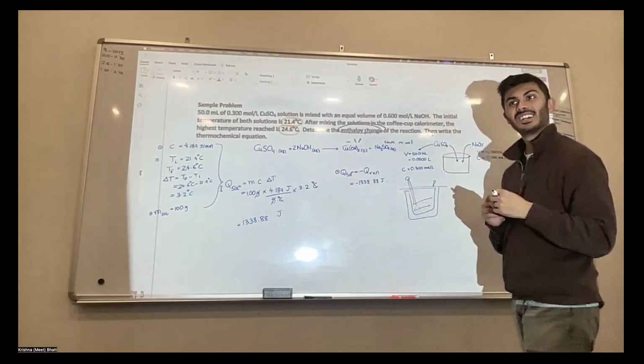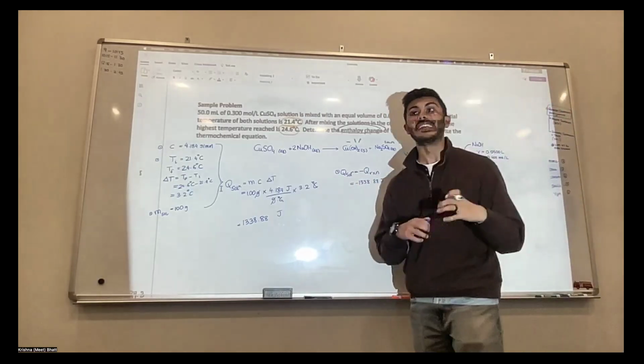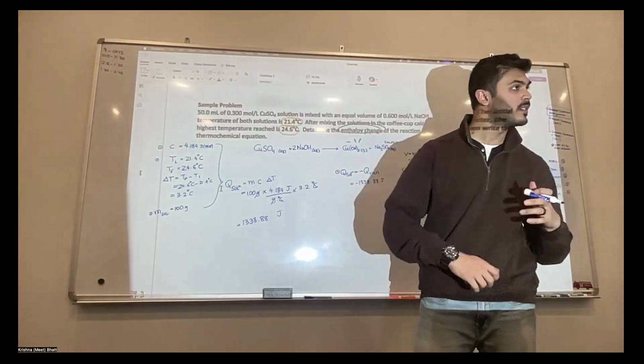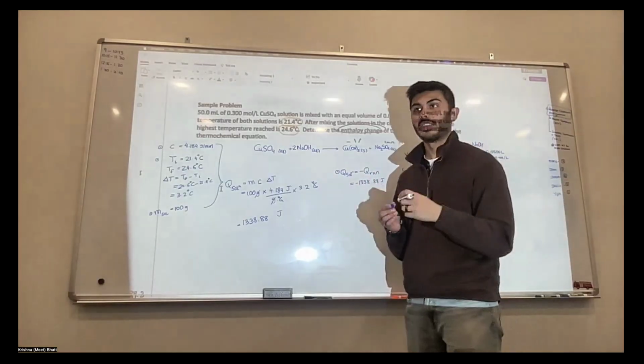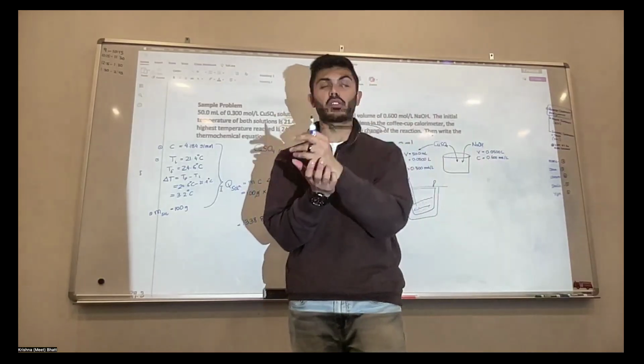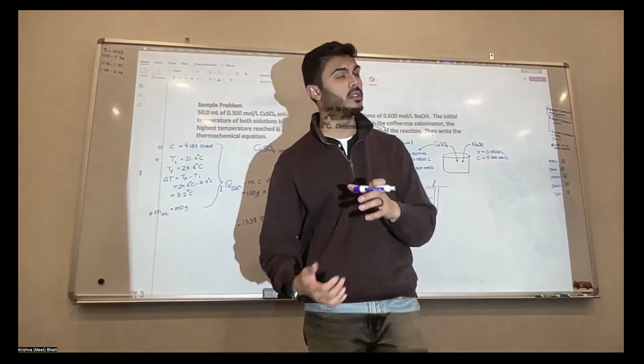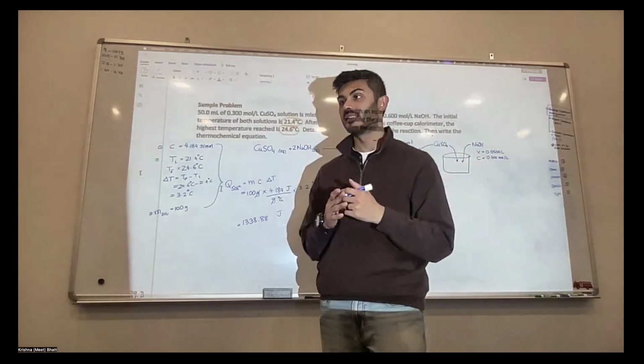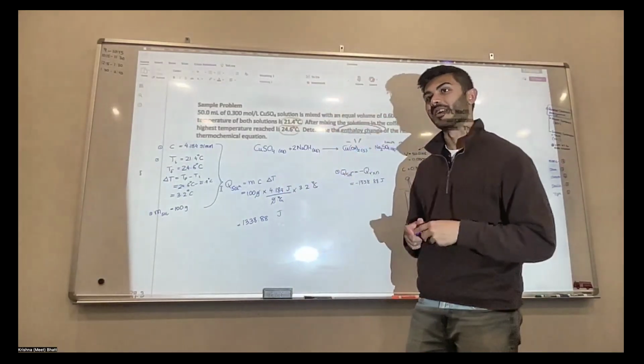But that's not what the question is asking for. It doesn't say heat. What we calculated over here was the heat, but we want enthalpy. There's a relationship, of course. The enthalpy is essentially how much heat is either absorbed or released per mole. How do I find out the moles over here?